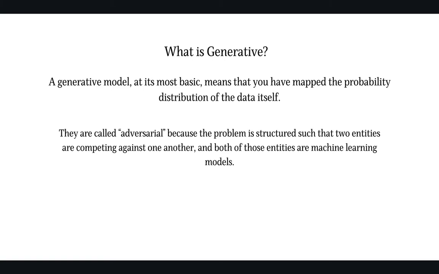So in a GAN, there are basically two components, a generator and a discriminator, which are competing against each other. Thus the word adversarial comes into the picture. Network, since we are using neural networks to train GANs, thus GAN stands for generative adversarial networks.